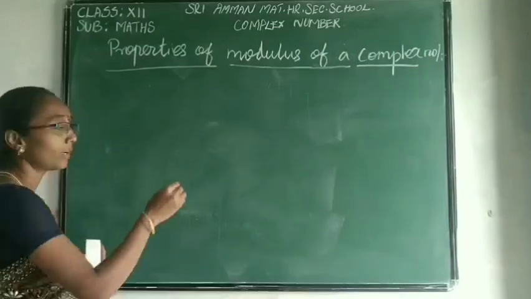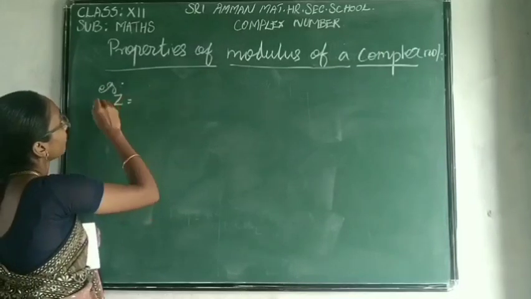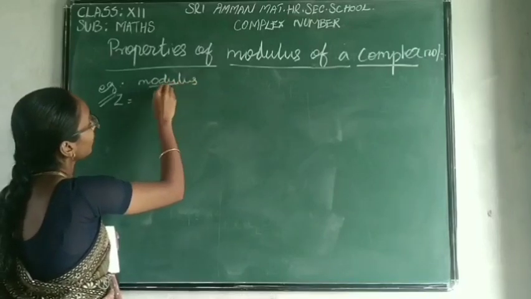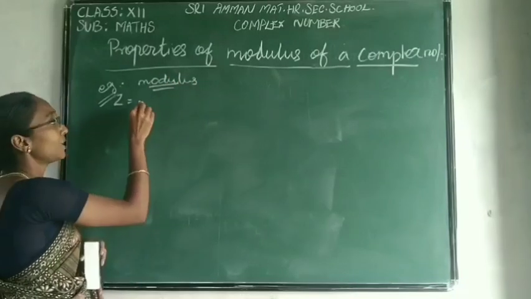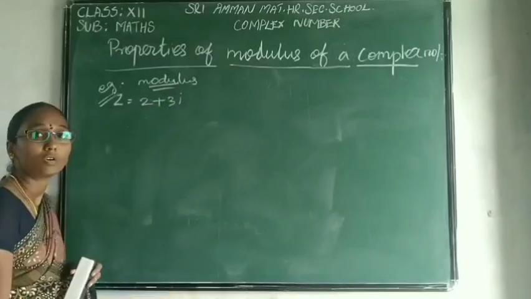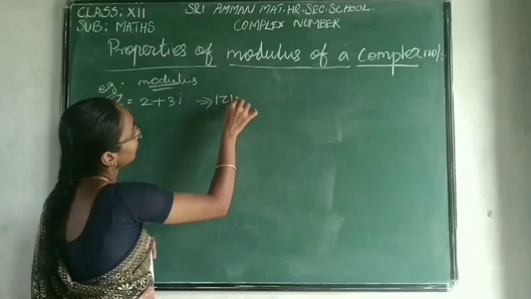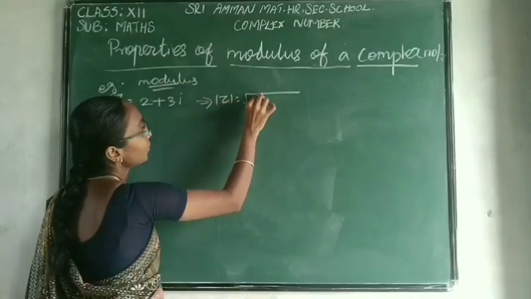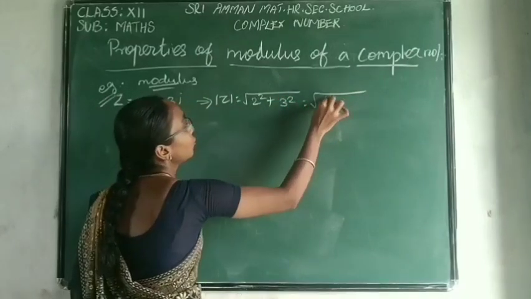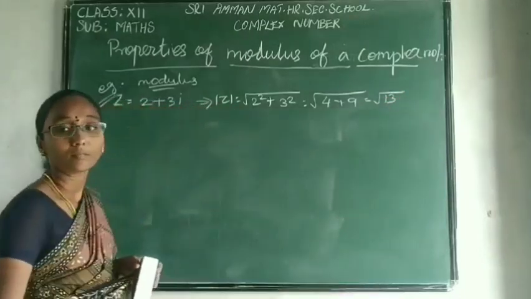Consider z equals 2 plus 3i. Modulus of z is root of 2 squared plus 3 squared, which is 4 plus 9, equal to root 13.